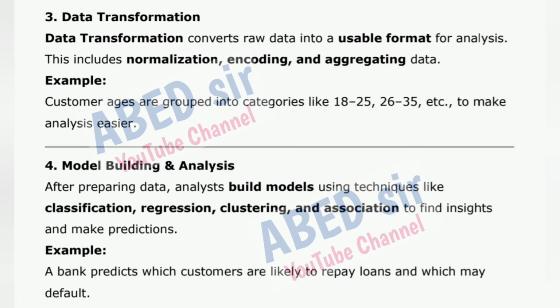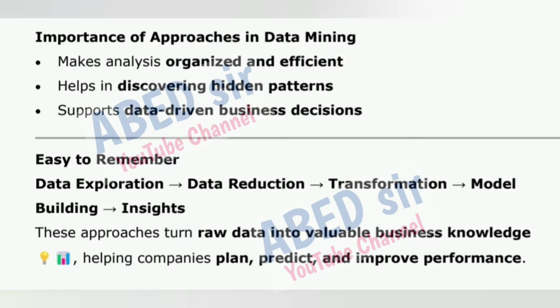Model building and analysis. After preparing data, analysts build models using techniques like classification, regression, clustering, and association to find insights and make predictions. Example: a bank predicts which customers are likely to repay loans and which may default.